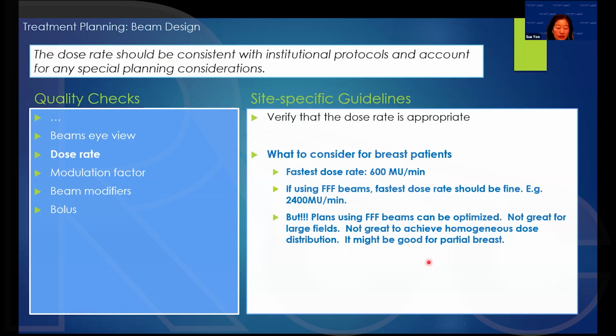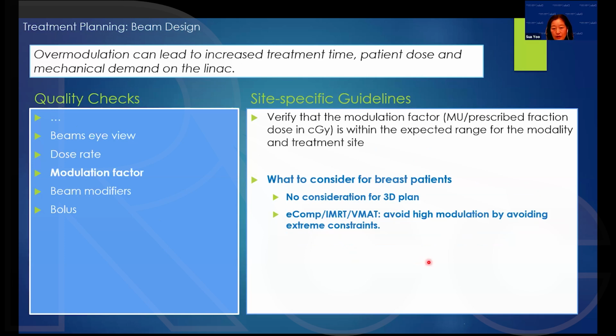It might be good for partial breast, but you have to go through optimization. Modulation factor is not much of a consideration, but for breast in general, everything should move smoothly, so modulation factor should be low if you have any metrics to look at.